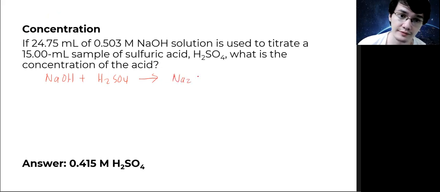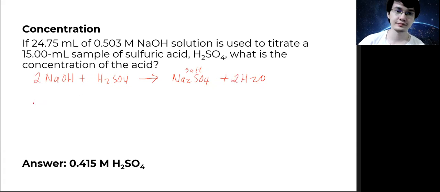So we have, usually when a base and an acid react, they produce water and salt. Then we balance it. And so we start, there is a known concentration.